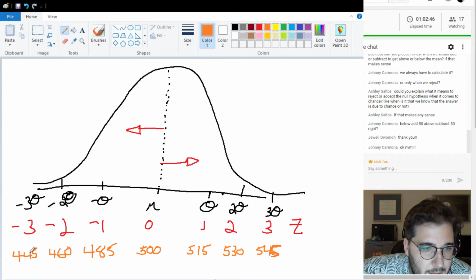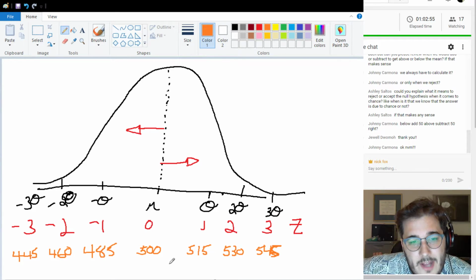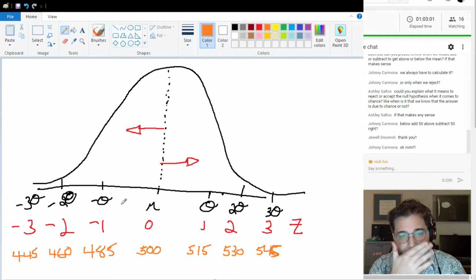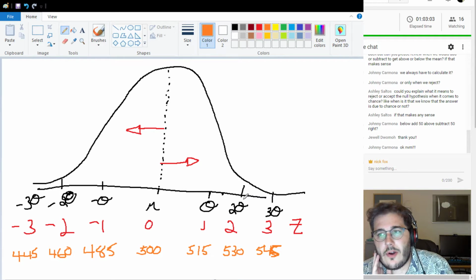Okay, right? So basically all I did was add the standard deviations up and then down. The normal curve is a really special thing because we know how many observations exist along the whole curve.